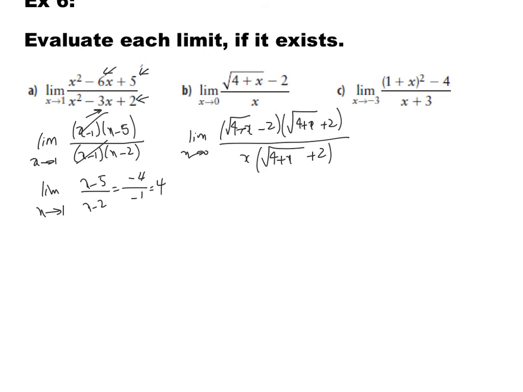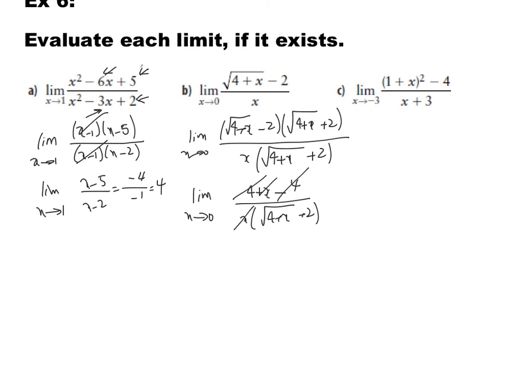Now, if you look at the numerator, you can see that this is the difference of squares. So I can write as limit of x goes to 0. Square root of 4 plus x minus 2 times square root of 4 plus x plus 2 is square root of 4 plus x squared, which is 4 plus x, minus square of 2, which is 4, divided by x, divided by square root of 4 plus x plus 2. 4 cancels with 4, x cancels with x.